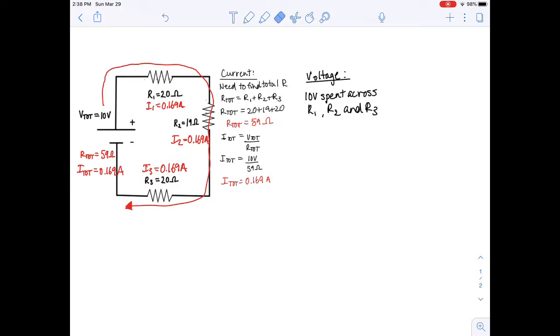The formula we're going to use is V equals I times R. And we have to do that for each of these three resistors.